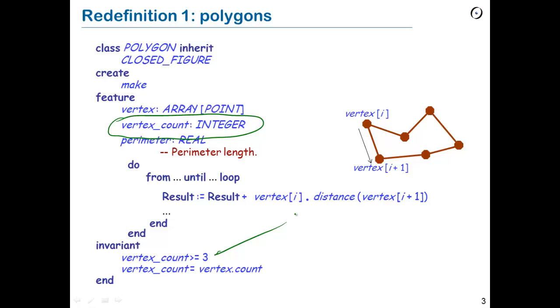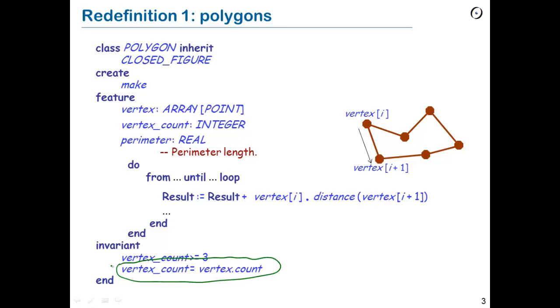Earlier on I said 0 or more, but in practice a polygon with 0, 1 or 2 vertices doesn't make much sense, so we only consider that a figure is a polygon if it has 3 vertices or more. And the next piece of the invariant tells us of a consistency property between the array that represents the polygon and the polygon itself.